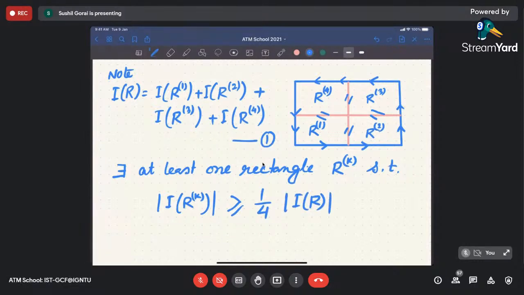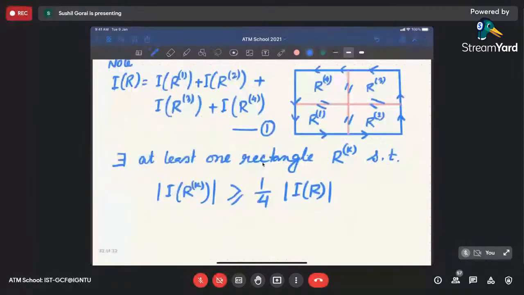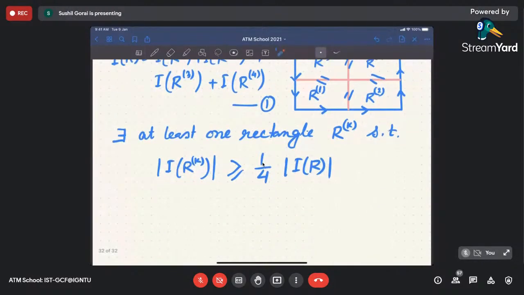So is this okay? See, IR is the summation of these 4, right? So if all of them were strictly less than 1/4 IR, then there will be a contradiction, right?